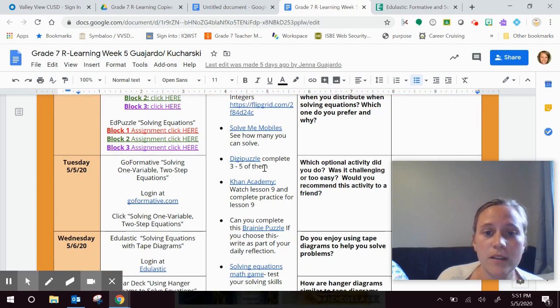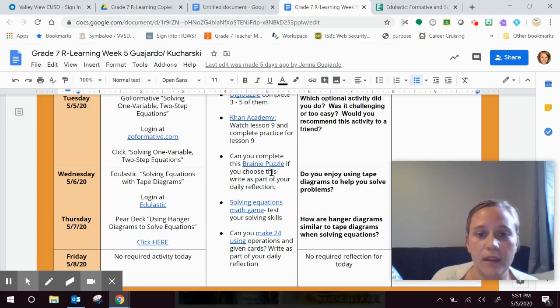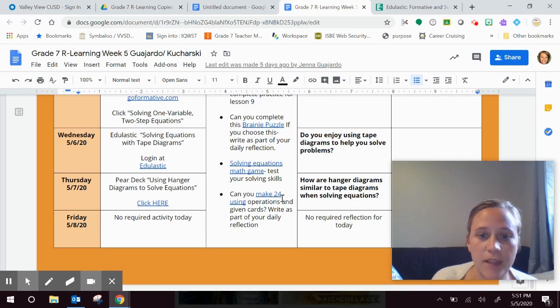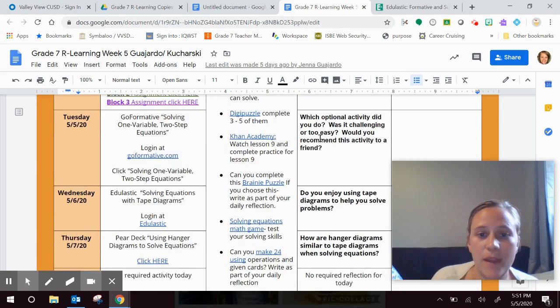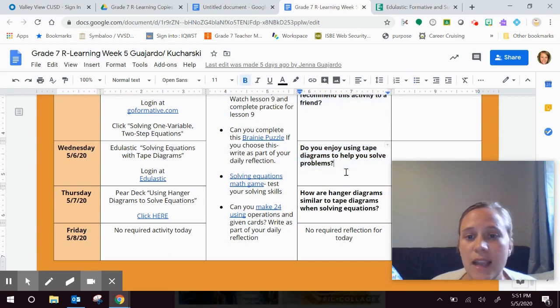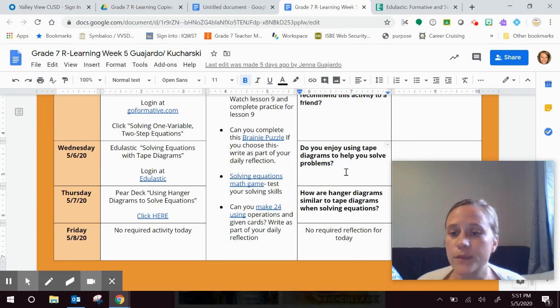The Solve Me Mobiles, the Digi Puzzles, Khan Academy, the Brainy Puzzle, Solving Equations, Make 24, and then make sure you're answering today's reflection question, which is, do you enjoy using tape diagrams to help solve problems? Even explain to us how tape diagrams help you. Or do you not need tape diagrams? Are you doing fine without them and just like to look at the equations?